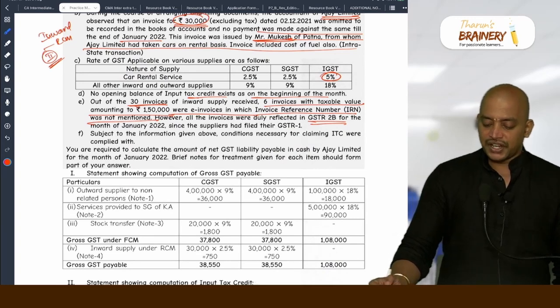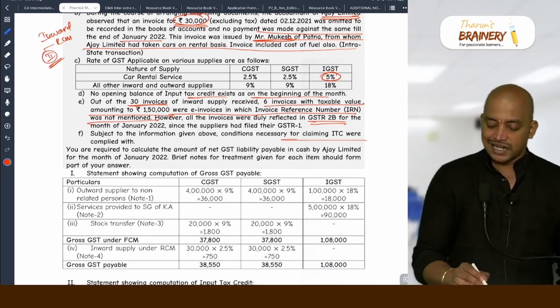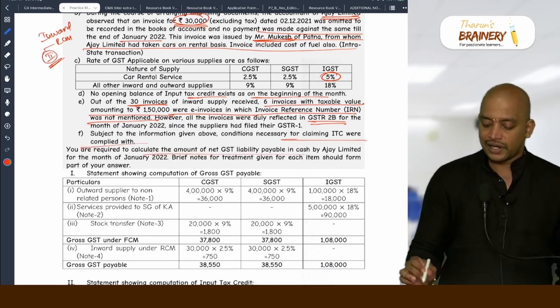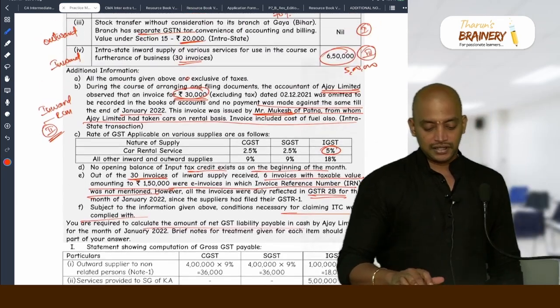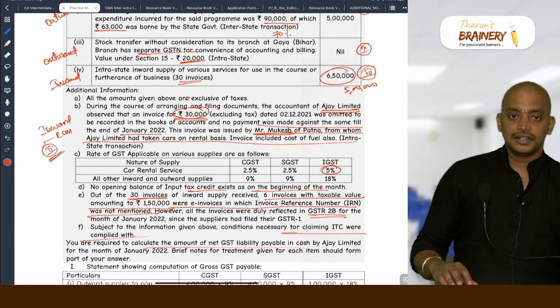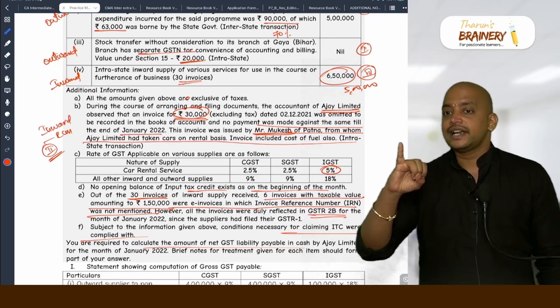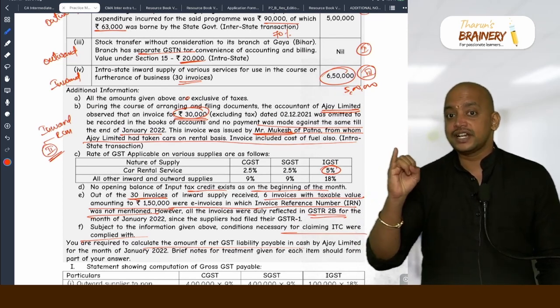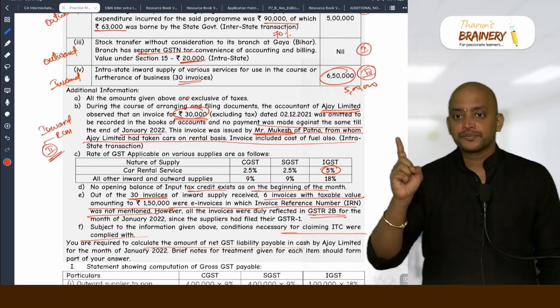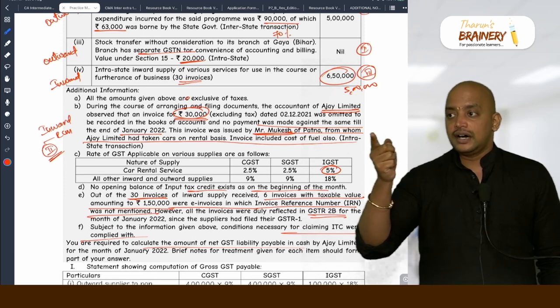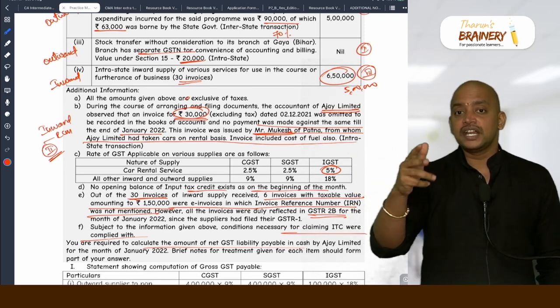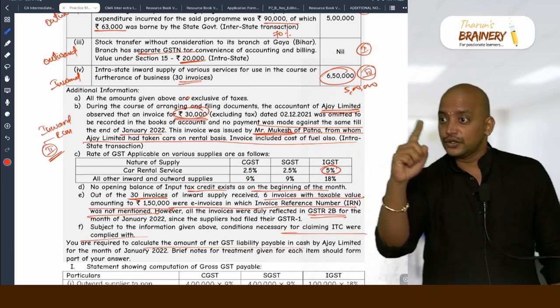Subject to the information given above, conditions necessary for availing ITC are complied with, you are required to calculate the net GST payable. It's a good question, na? See how many points are tested. ITC related points tested, that is, the E-invoice to ITC.